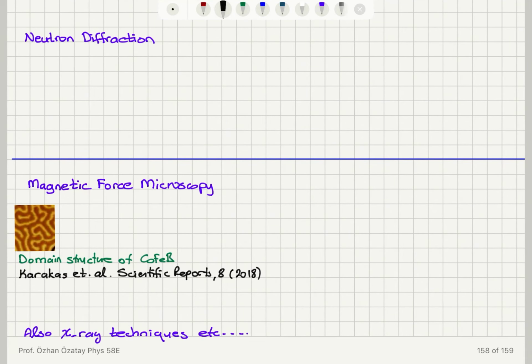And another method is neutron diffraction. This is also quite useful. We have a beam of polarized neutrons that passes through a specimen, so it's basically transmission mode.